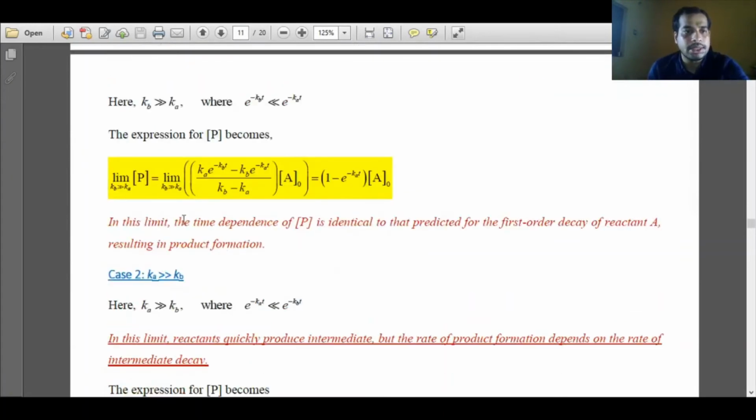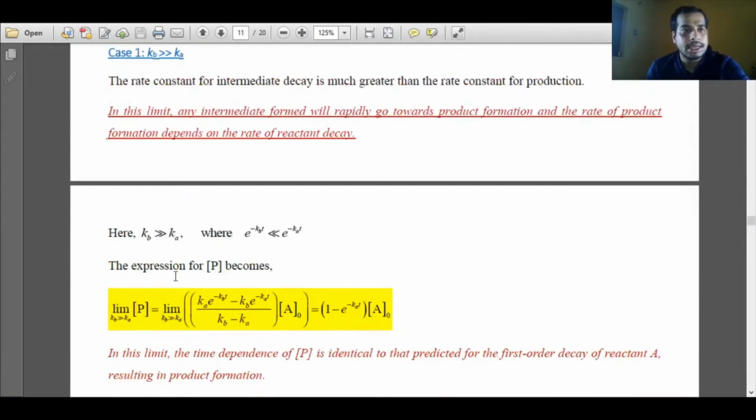The limiting condition is Kb greater than Ka. Under this limiting condition, e to the power minus Kat is larger and e to the power minus Kbt is much smaller. So the first quantity of the numerator will vanish, and the whole expression will simplify to 1 minus e to the power minus Kat. Kat will survive because it is the larger quantity.